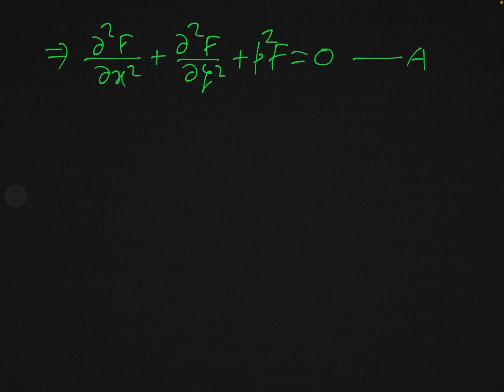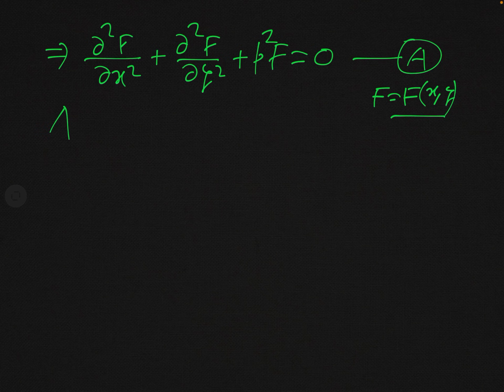So this is the equation in terms of the function of space coordinates. You know that this f is a function of space coordinates x and y. So we have found the differential equation which contains only a function of space coordinates.